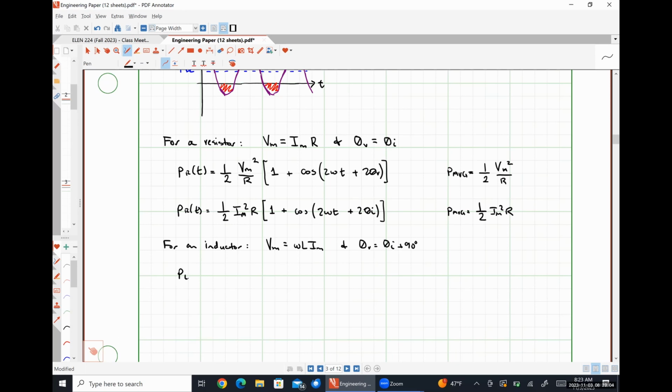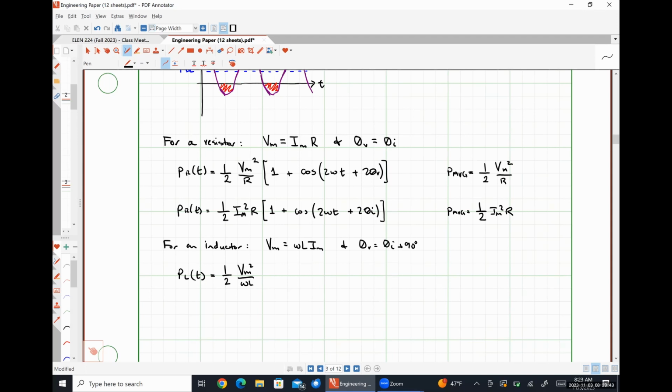All right, so let's figure out what PL of t should look like. Okay. So 1/2 is just going to look like 1/2. If we're expressing everything in terms of our voltage, then Vm is just going to be Vm. And then Im is going to look like Vm divided by omega L, giving us Vm squared over omega L. Now we're dealing with that cosine of theta V minus theta I, right?